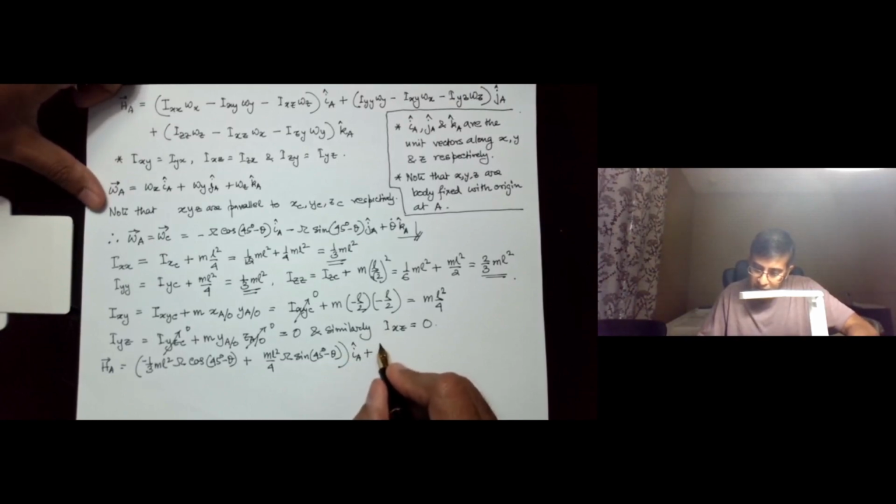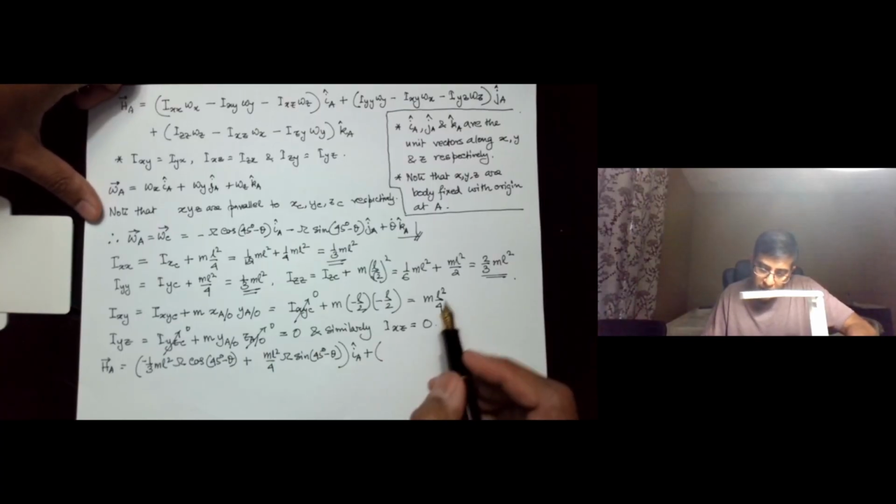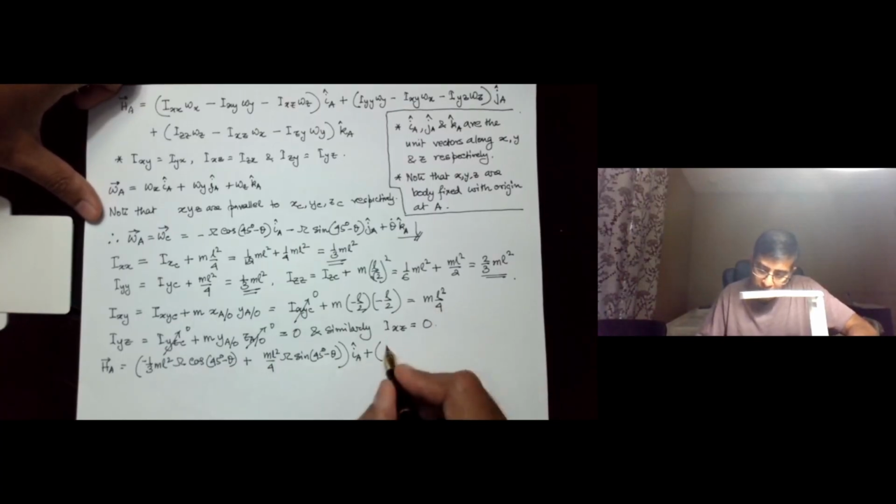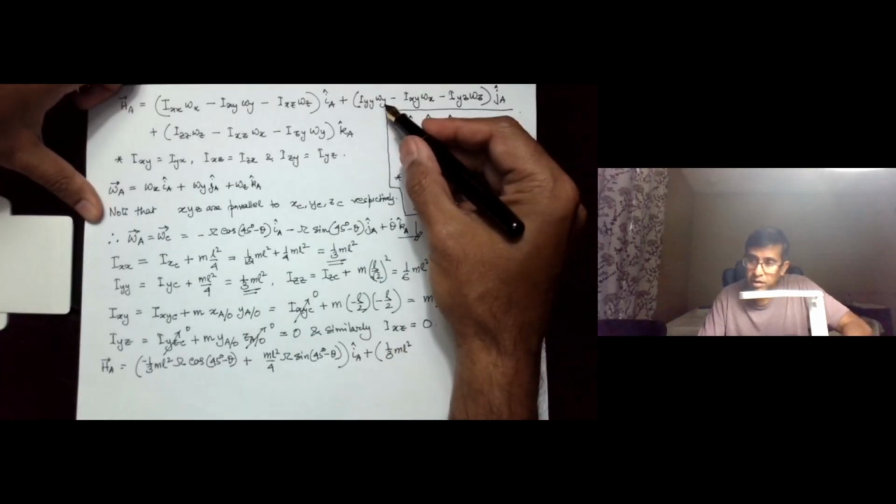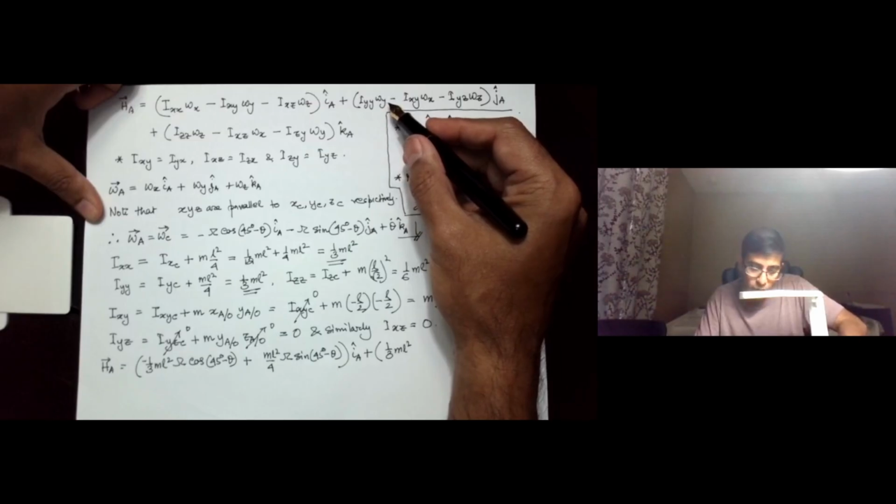In the JA direction we have Iyy. Iyy is 1/3 ml squared, and this will be multiplied by omega y.